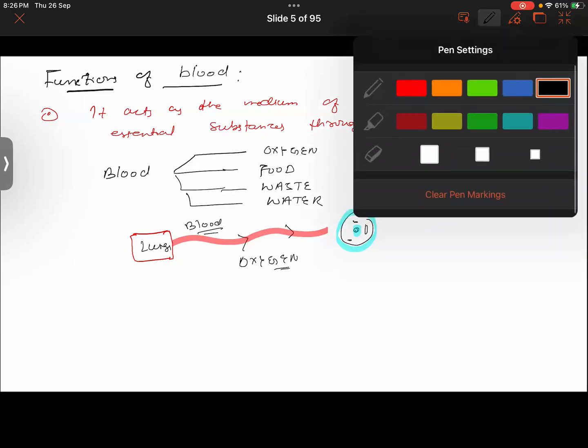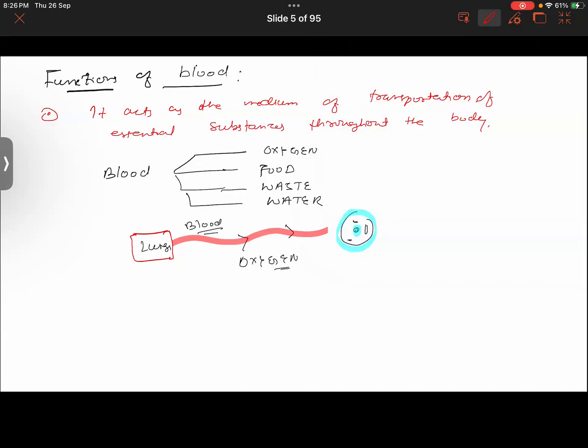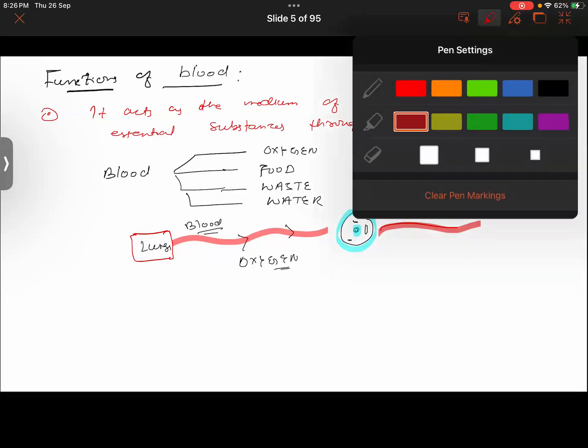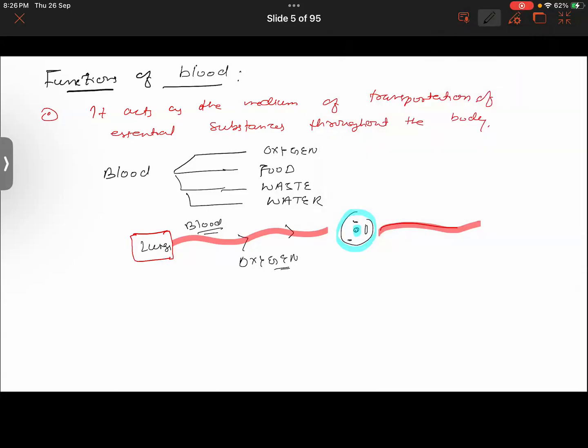Okay, now that is one thing. Furthermore, we know that the blood will be carrying away whatever waste is produced. Say that the cell produces waste. So blood would be carrying away the waste material from the cell, and it will bring it to organs like the kidney.